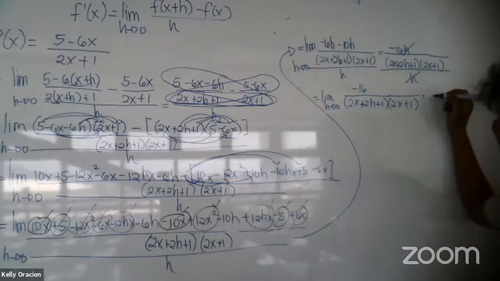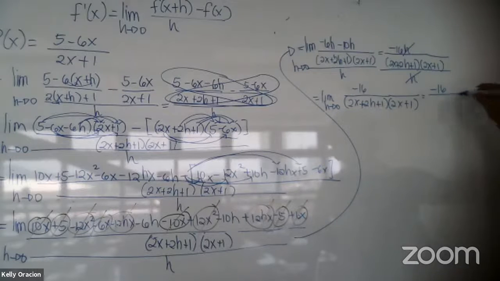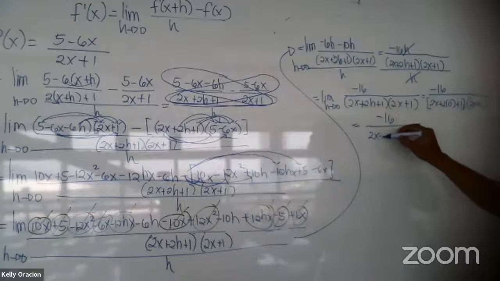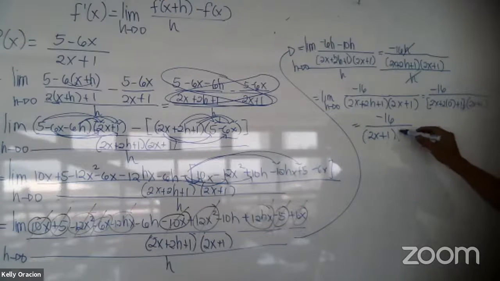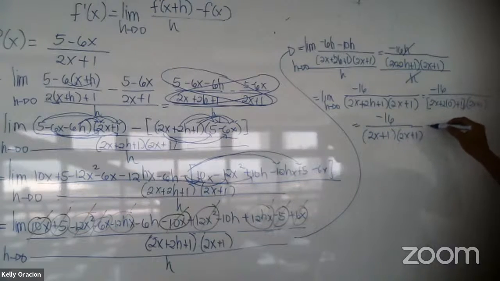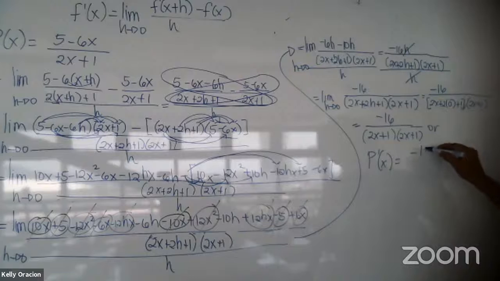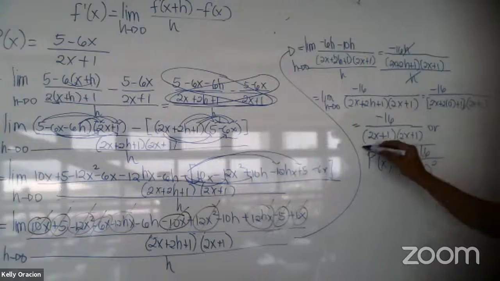And this time, you are going to substitute the value of your h. So 2x plus 2 times 0 plus 1, 2x plus 1. 2 times 0 is 0, 0 plus 1 is 1. So negative 16 over 2x plus 1 squared. The final answer, f prime of x is negative 16 over 2x plus 1 squared. And this is now your answer.